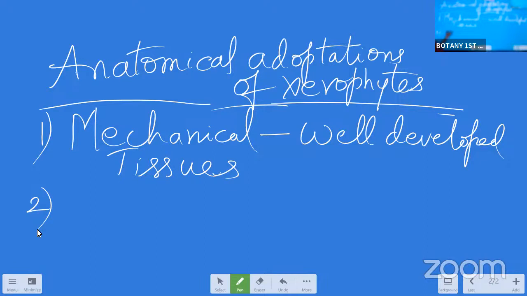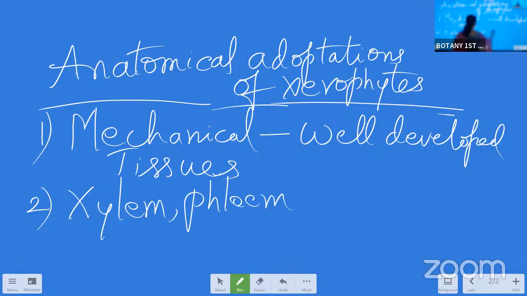Xylem and phloem are well developed. Same thing we have to write. In all the plants, there are no exceptional cases in the xerophytes where the xylem and phloem are not developed. They have to be developed. No option is left out for the plant.